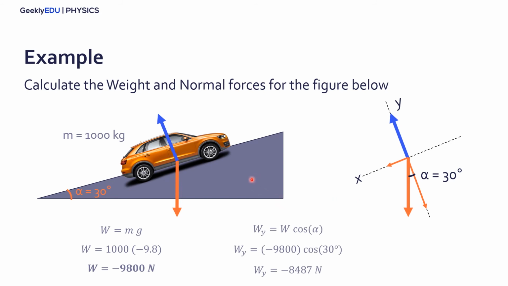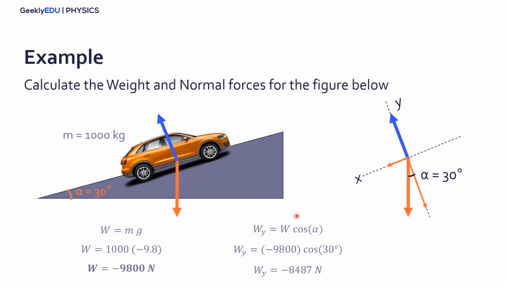Now to calculate the normal force, we first need to know the weight in the y direction here. So, because everything is in equilibrium, the normal force needs to compensate the weight force in this direction.